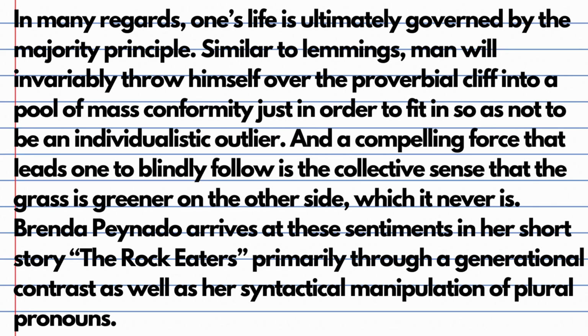Similar to lemmings, man will invariably throw himself over the proverbial cliff into a pool of mass conformity just in order to fit in, so as not to be an individualistic outlier. And a compelling force that leads one to blindly follow is the collective sense that the grass is greener on the other side, which it never is.